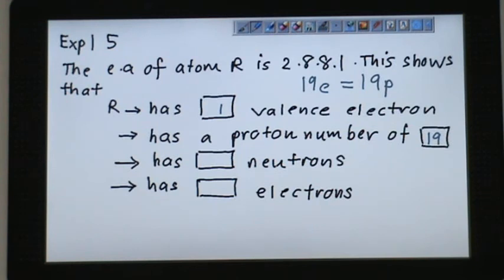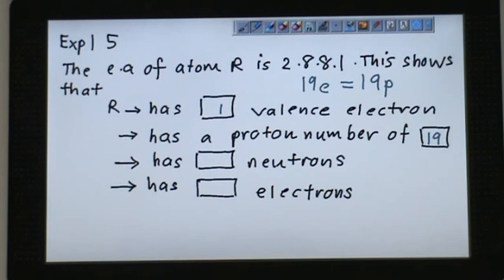So 2, 8, 8, 1 is potassium. It cannot be sodium, because sodium is 2, 8, 1. So potassium is 2, 8, 8, 1. That will be group 1.